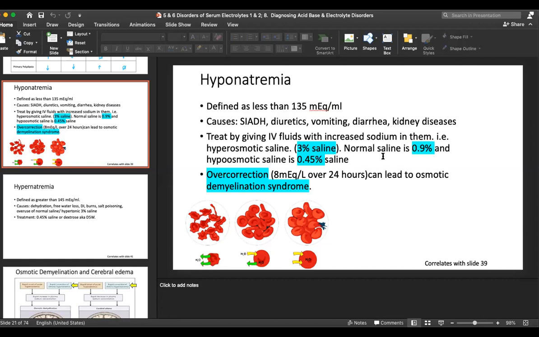We're going to treat our hyponatremia with fluids that have sodium in them. Hypertonic saline would be one of them, 3%. Normal saline is 0.9%, and then hypotonic is 0.45%. We don't want to overcorrect really quickly because that leads to osmotic demyelination syndrome.